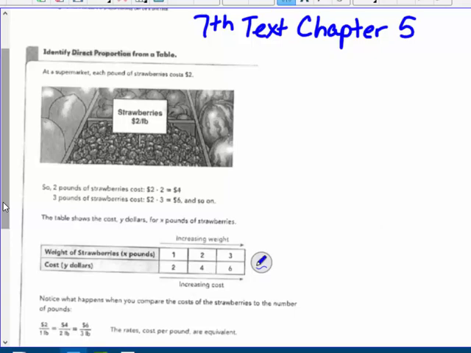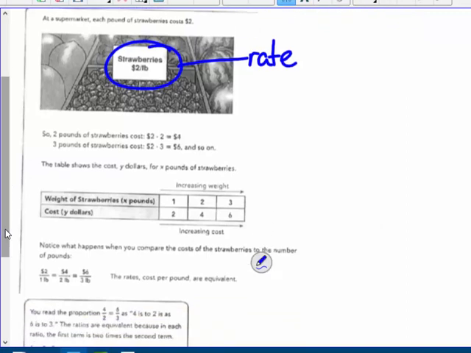At a supermarket, each pound of strawberries costs $2. So strawberries are $2 per pound. That's the rate, the unit rate per 1 pound. So 2 pounds of strawberries cost 2 times $2, which would be $4. And 3 pounds of strawberries would cost the rate of $2 times 3, $6, and so on.